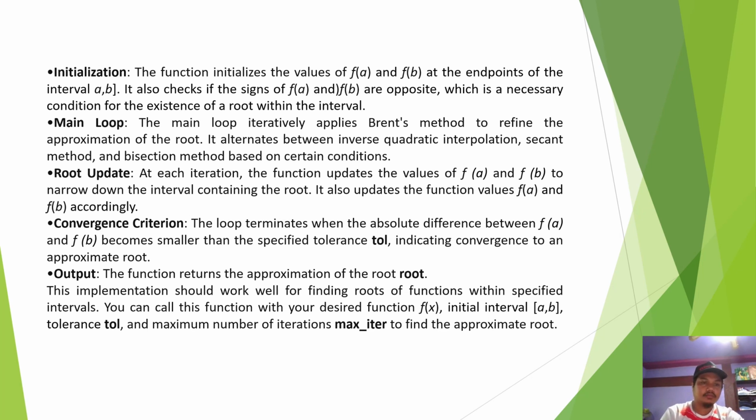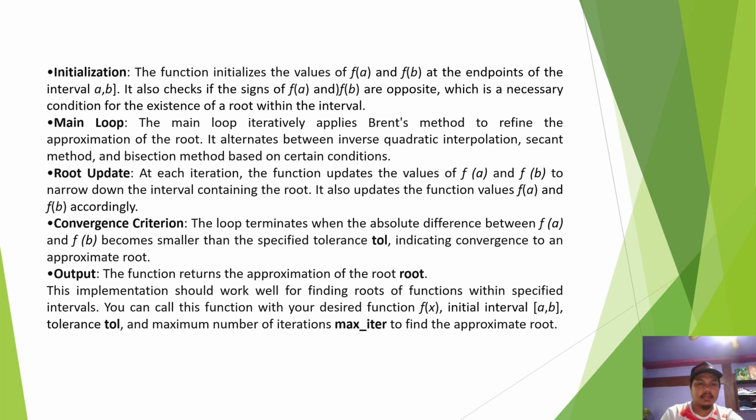Main loop. The main loop iteratively applies, iterate niya, pag-iterate niya, gigamitan niya o Brent's method to refine the approximation of the root. It alternates between inverse quadratic interpolation, second method, and bisection method based on certain conditions.